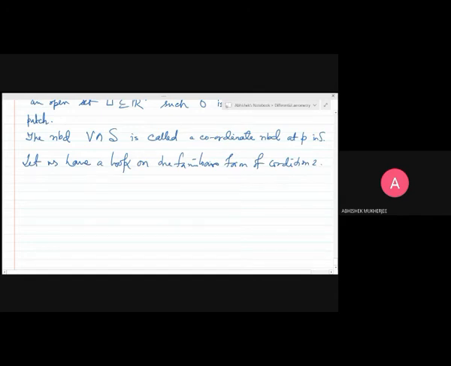To make it precise, let us consider the standard basis in R2 and R3.